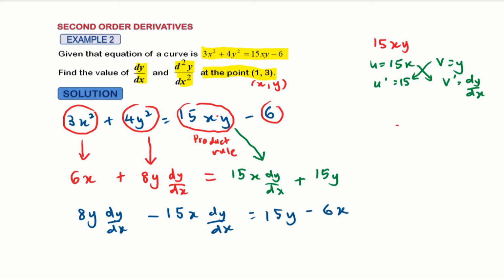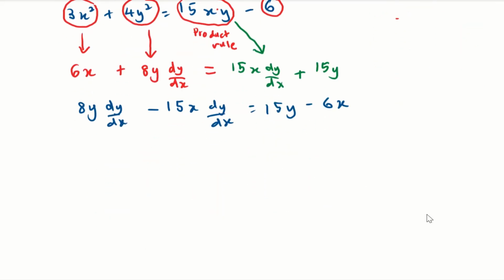Kita susun je balik supaya dia lebih nampak tersusun lah. Okay. So then we have 8y minus 15x dy dx equals to 15y minus 6x.